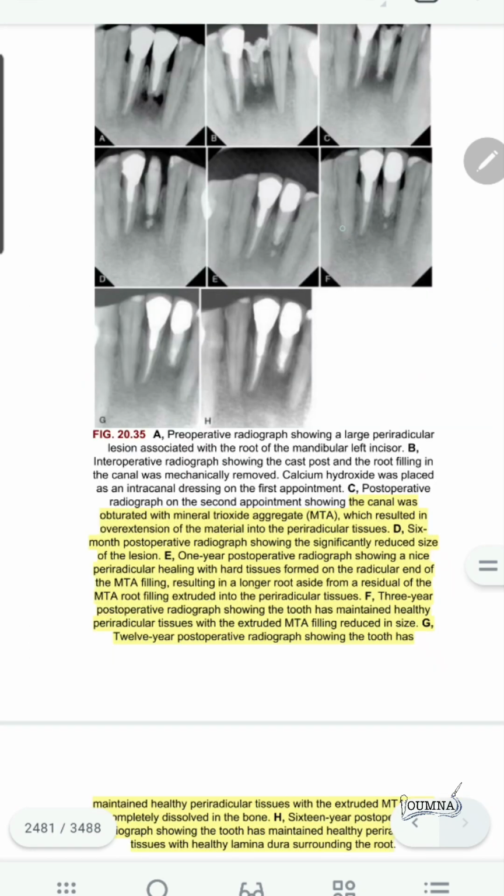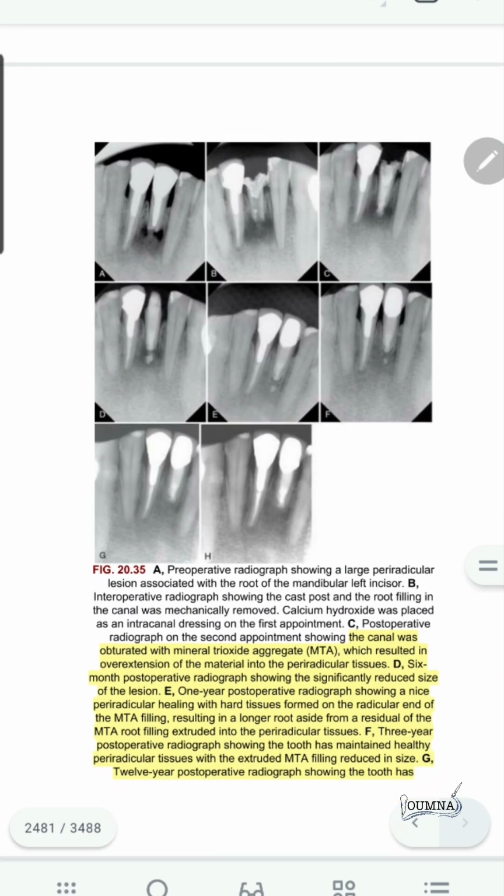Here the writer is showing us that when MTA has extruded from the canal, it did not cause an inflammatory response, and after doing the follow-up, we have seen that healing had occurred.